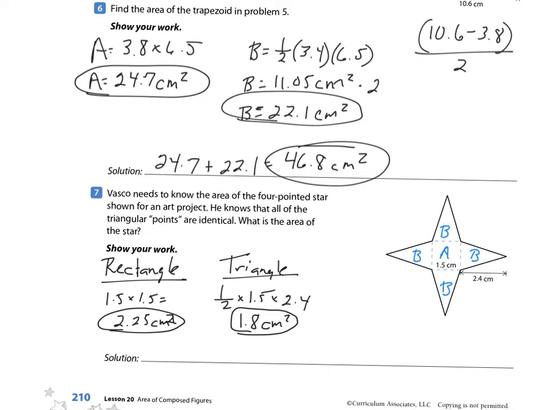Please do the work along with me and check my work to make sure I'm doing correctly. So to find the area of the entire 4-pointed star, we take the area of the rectangle and add 4 times the area of one of those triangles. Comes out to equal 9 45/100 square centimeters. Okay.